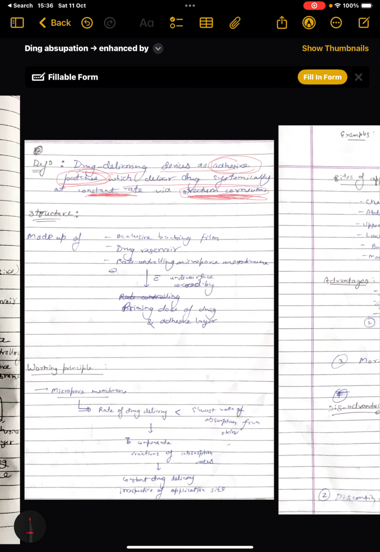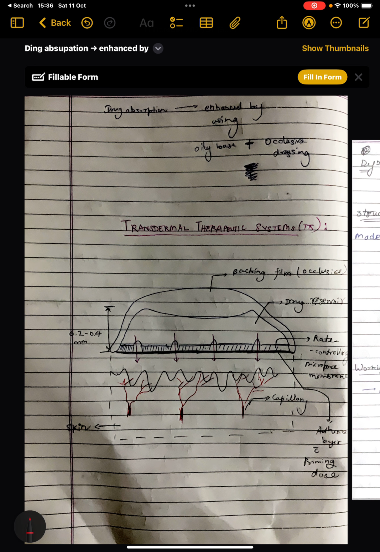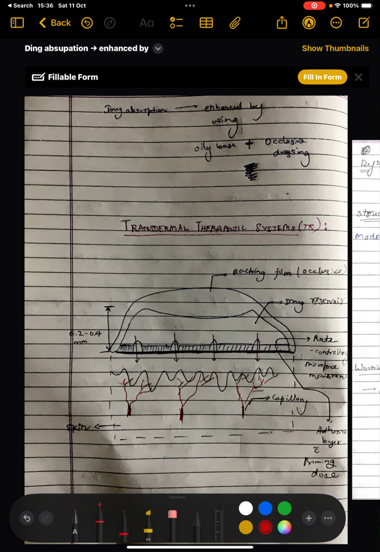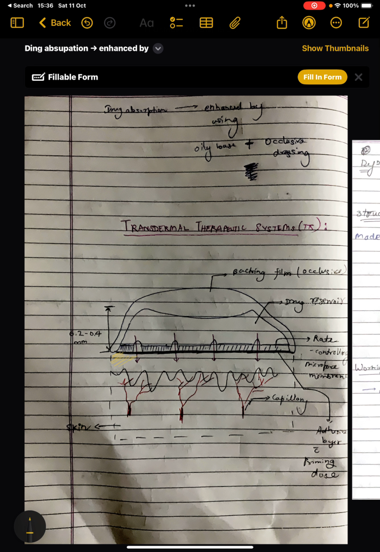This stratum corneum is actually a layer of the skin that you see in this diagram. Let me change the color, it's too yellow. So this whole layer that you see right over here, this layer that I am highlighting in yellow.